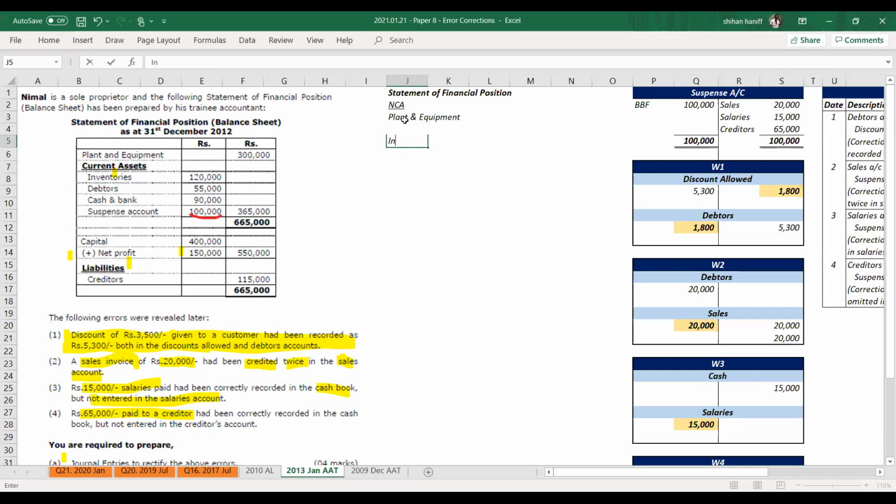Current assets, we have inventories, debtors, cash and bank, total assets.